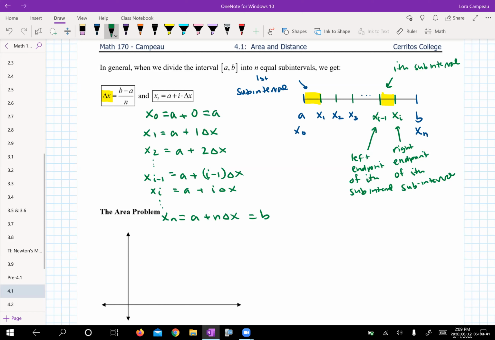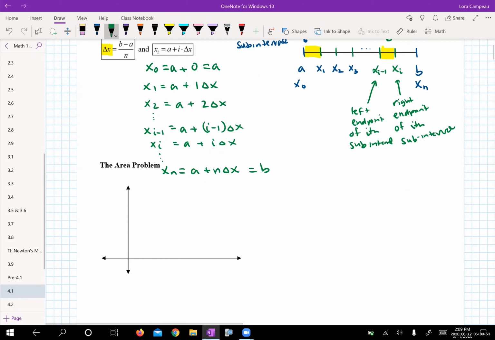So the whole motivation for chapter 4 and why we do all these calculations actually boils down to an area problem. I'm interested in finding the area under the curve.